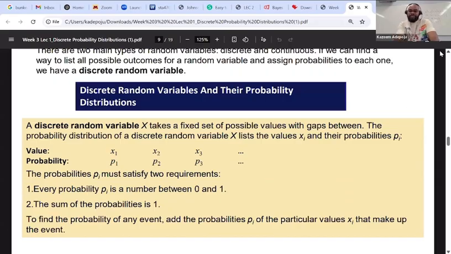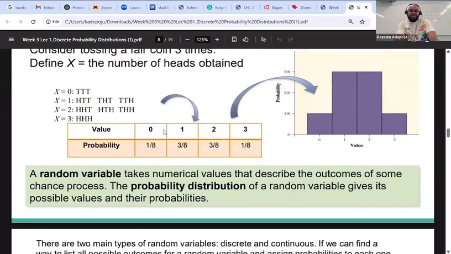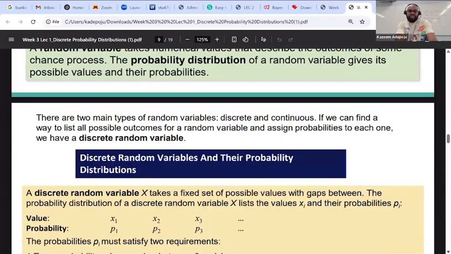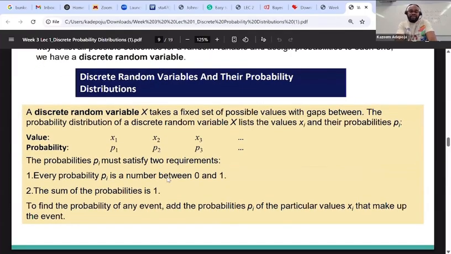If you take a look at the table that we generated, the sum of probability must be equal to 1. And each probability has to be non-negative. Now, we actually want to generalize that.